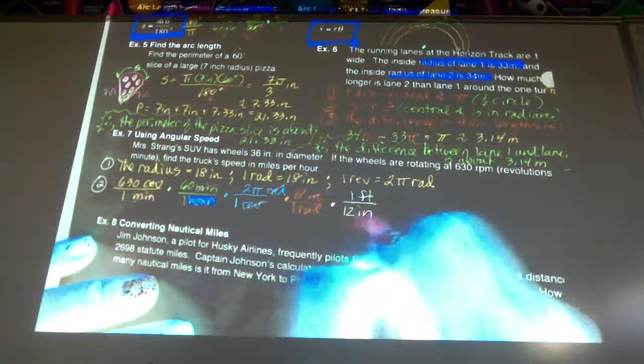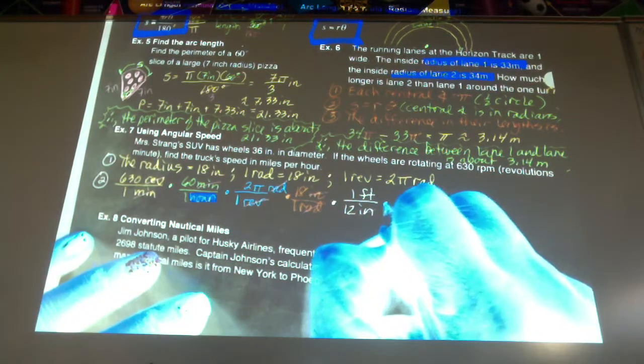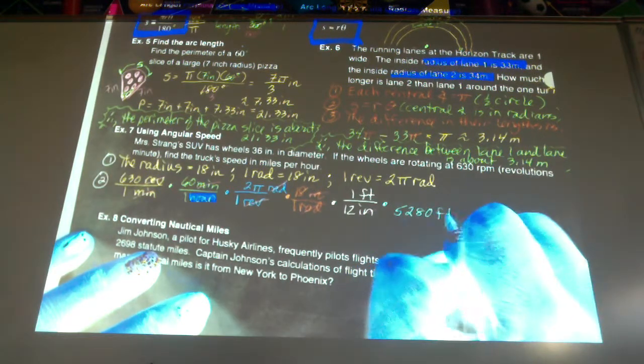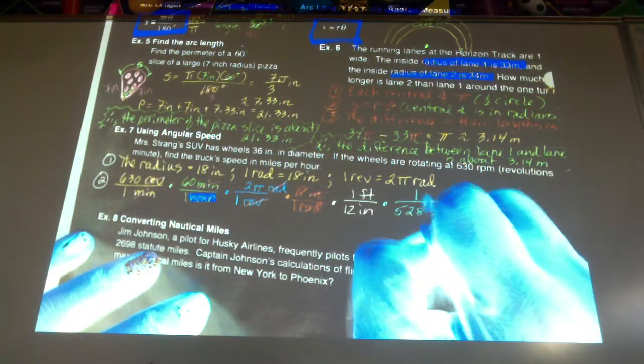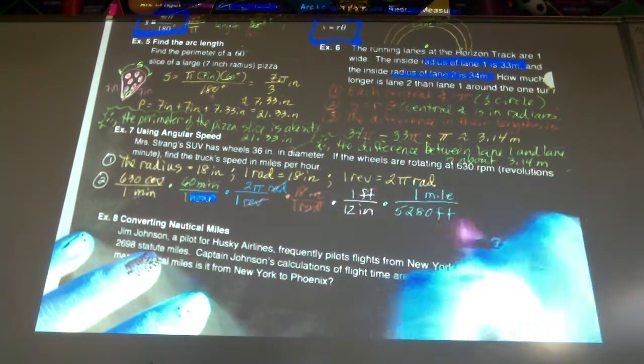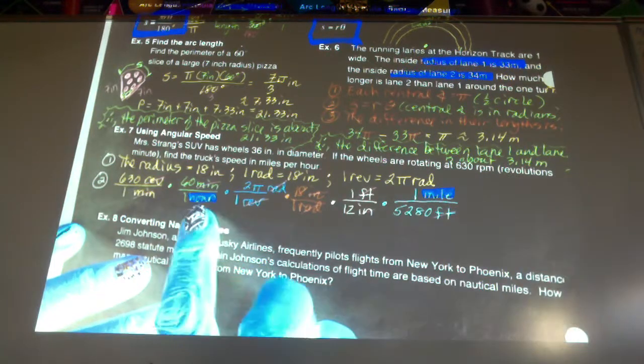So my inches cancel. And you do need to know this. What's your conversion for feet to miles? Yep. So times 5,280 feet is exactly equivalent to 1 mile. And so finally my feet cancel and I have reached my ultimate goal of miles per hour.